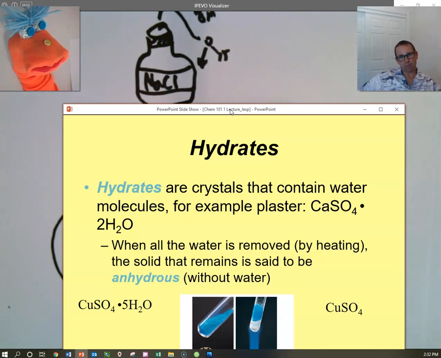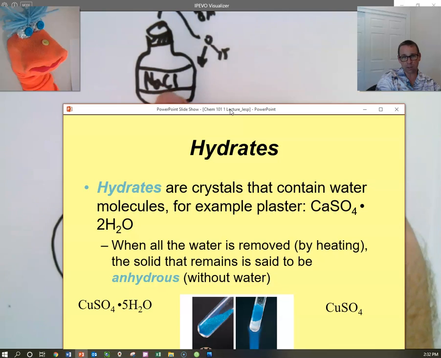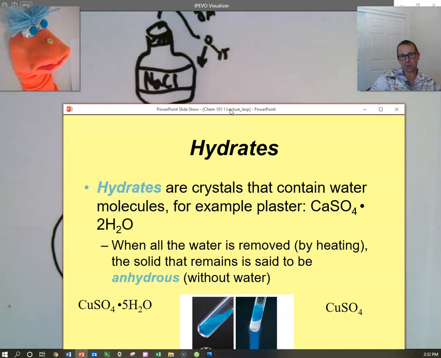And that becomes a problem, because when you weigh out material, you have to know exactly what material you're weighing out. You don't want to weigh out some sodium chloride today, but tomorrow weigh out some sodium chloride with a little bit of water, because the mass that you weigh out will not be the sodium chloride. It'll contain water molecules with it.